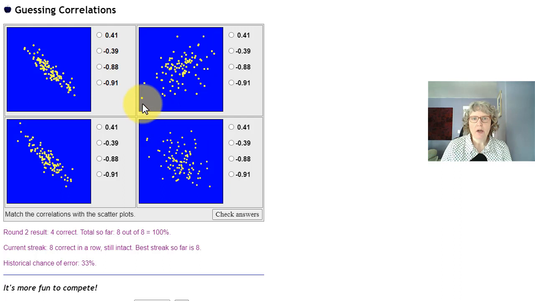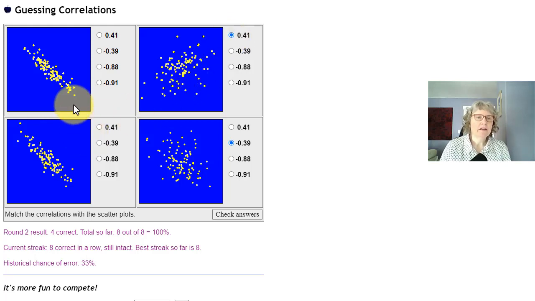So you can see the ones on the upper graph are increasing, and then the ones on the lower are decreasing. So I'm going to say that this really spread out one is the smallest negative one. That's -0.39. That's pretty weak. And then the only positive option we have is 0.41.